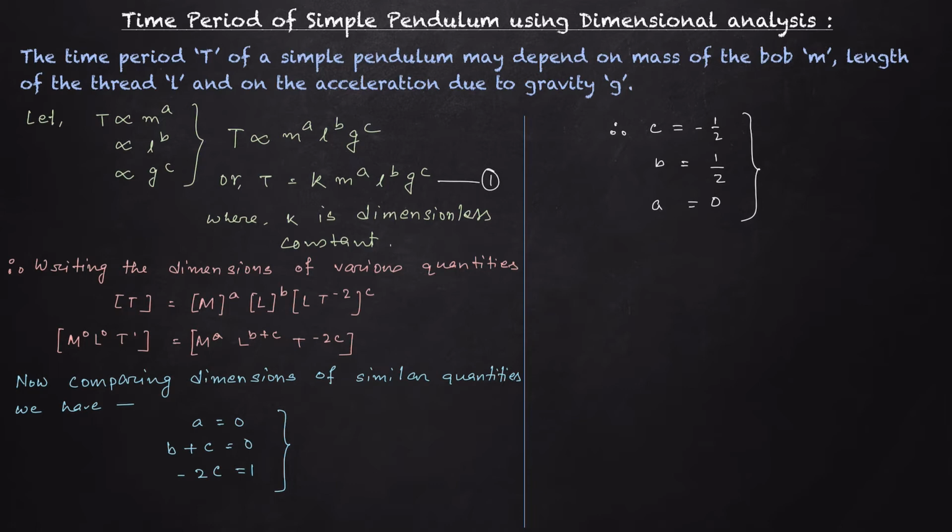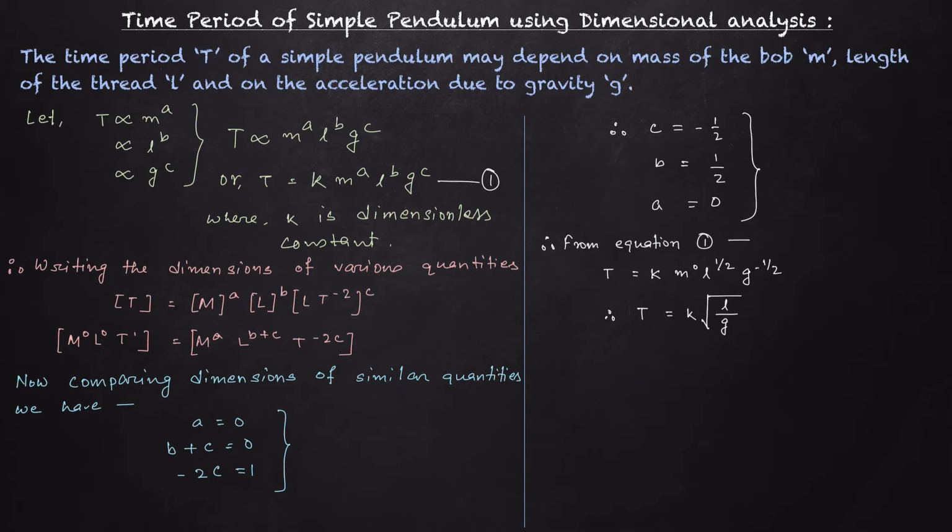If we put these three values of a, b, c in equation 1, we get t equals k into M to the power 0, l to the power half, g to the power minus half. As the equation is M to the power a, l to the power b, g to the power c, we are only putting in the values of a, b, c. Therefore t equals k root over l by g.